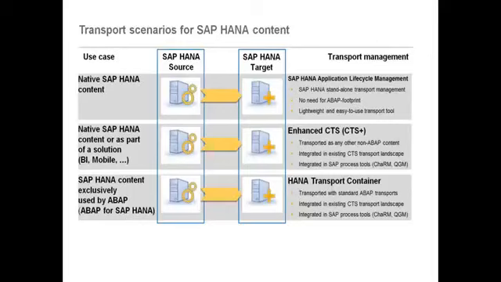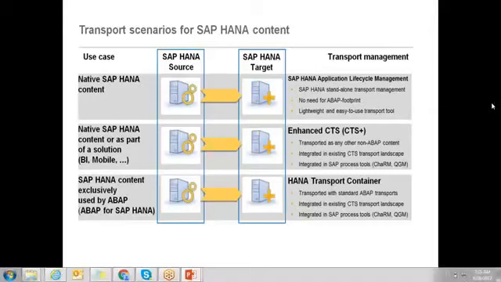Native HANA development means everything you are doing at the DB level. For that, there is a concept called delivery unit. You'll create a package, which will be assigned to the delivery unit. The delivery unit you can import and export.